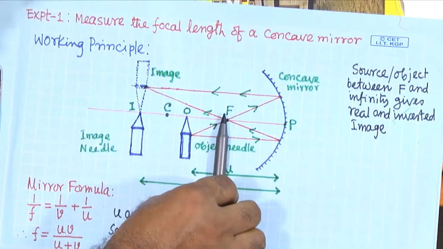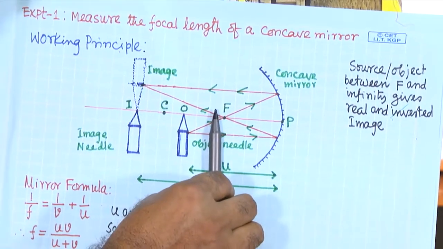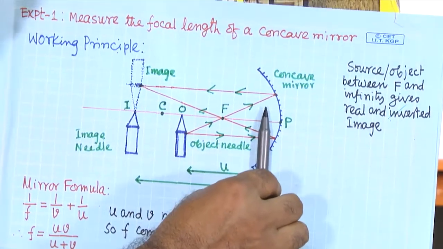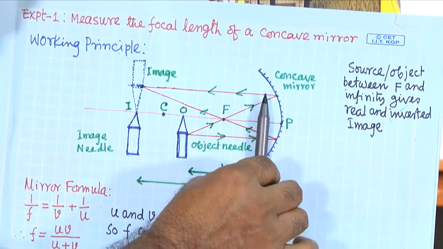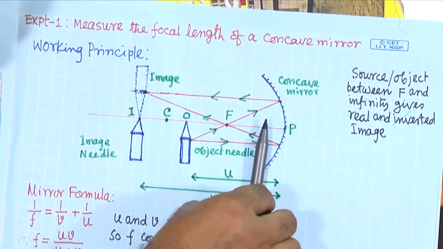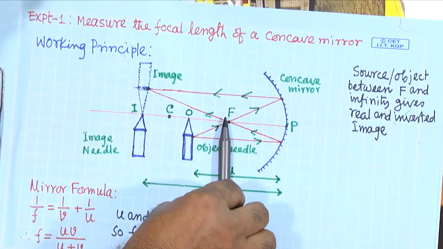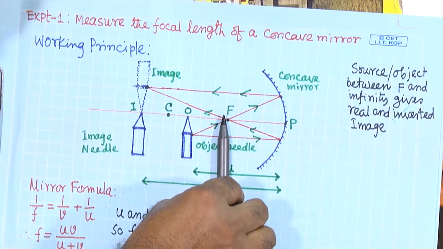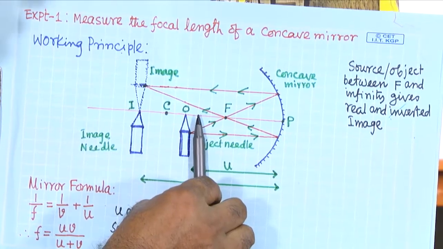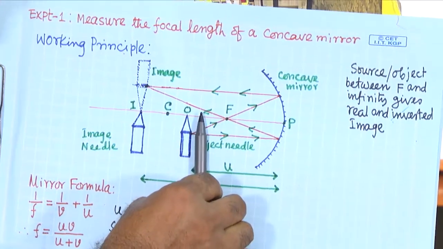So, starting from near the mirror, you will see the erect image. Now, you are moving, now it is hazy. After that, you are basically crossing the focal length, then you will get the clear inverted image.